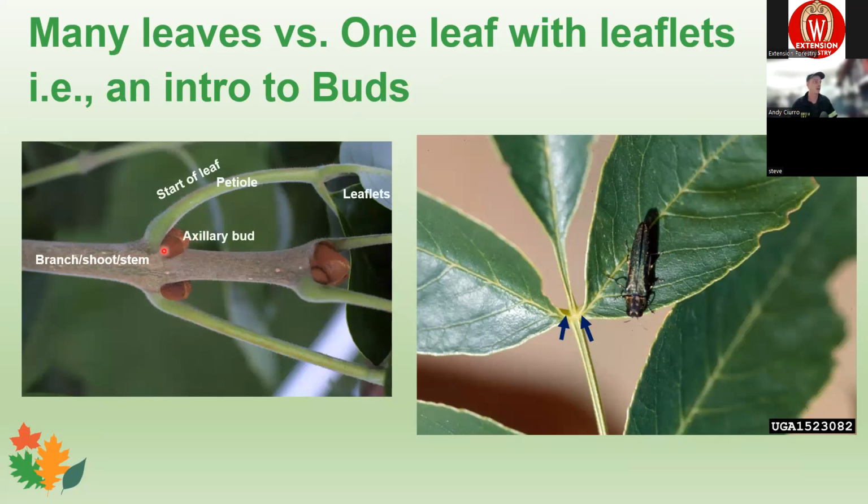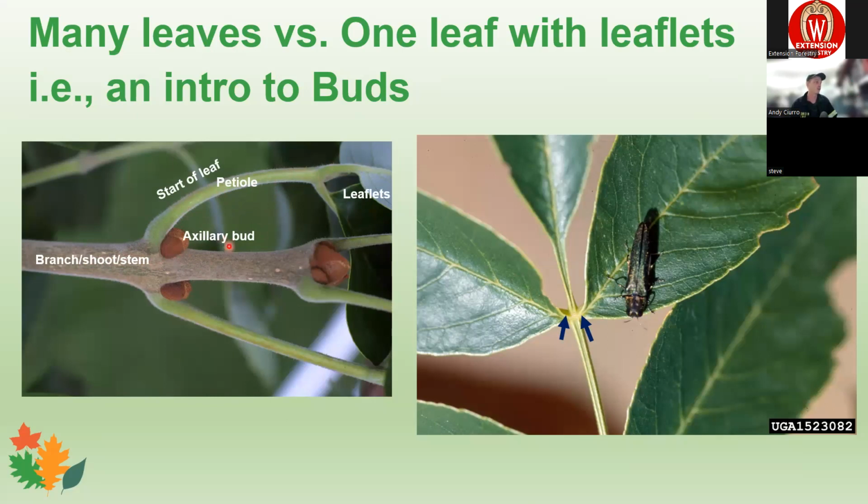The bud is where either a branch or a flower is going to grow out of. So you're going to find a bud at the base of each leaf.